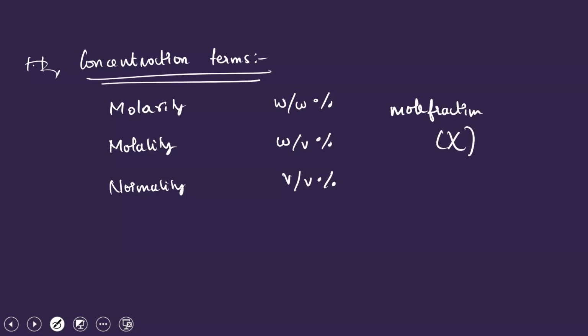Molarity is represented with capital M. Molality is represented with small m. Normality is represented with a capital N. Molality, yes. Is there a T next to the W? Yes. You will get used to my handwriting soon.